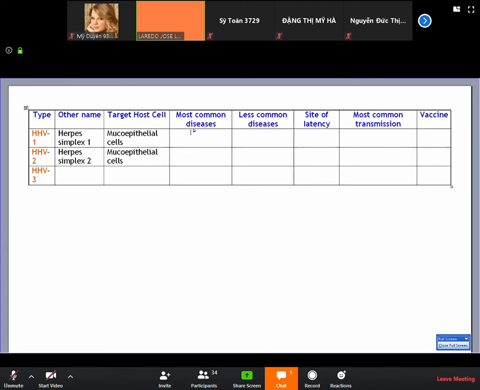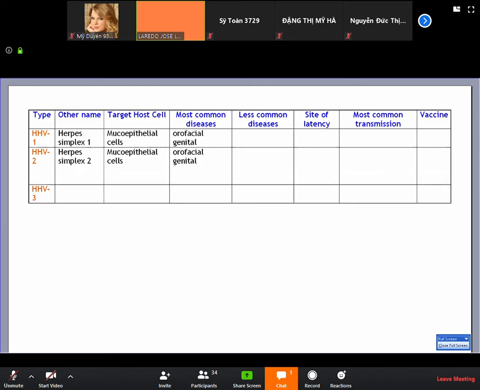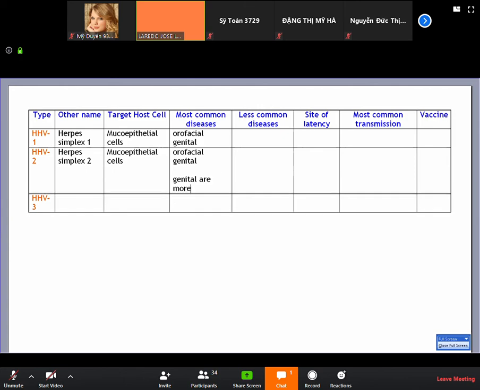And what about the most common diseases? The most common diseases for both of them are very similar. Orofacial diseases, so in the mouth and the face, or genital, for both. However, for type 2, the genital diseases are more common.